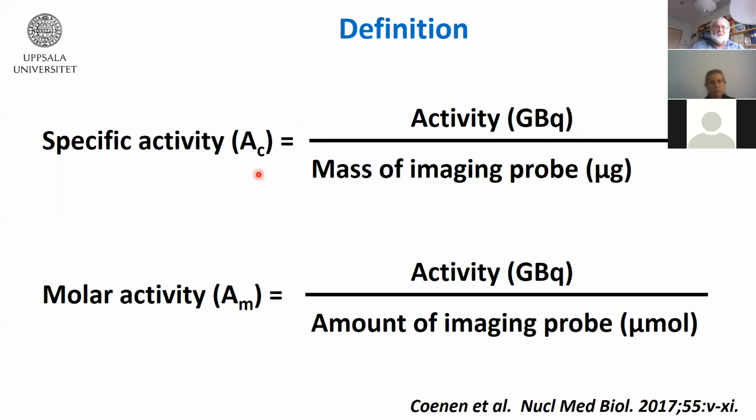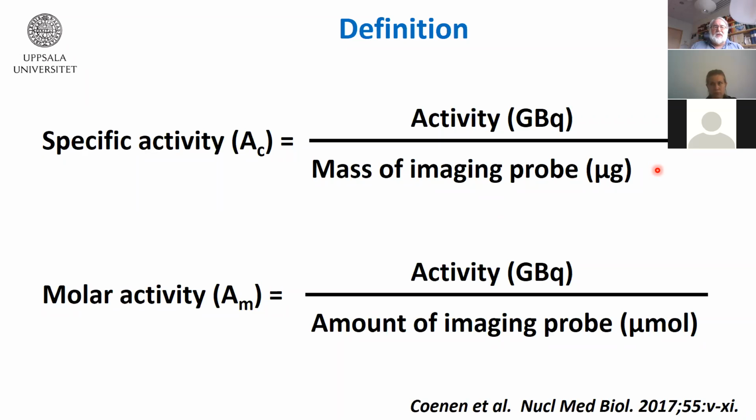And I will start with a definition, because earlier when I started to work, there was a parameter called specific activity, which has been defined as activity per unit mass of the probe. People use it in different ways. Some wrote about activity per microgram. Some wrote about activity per micromole.